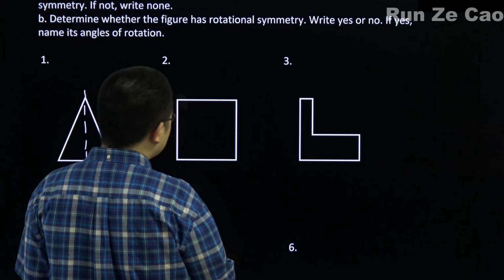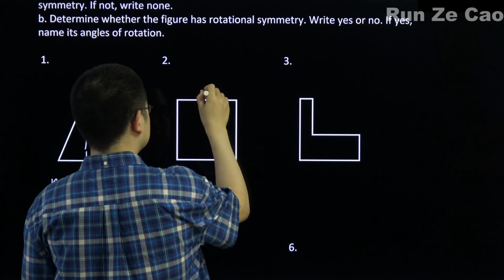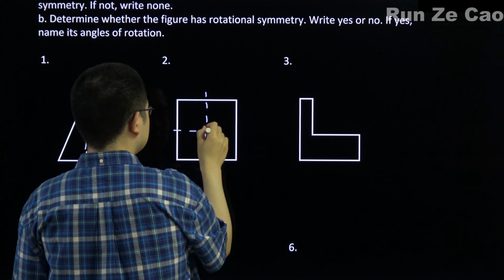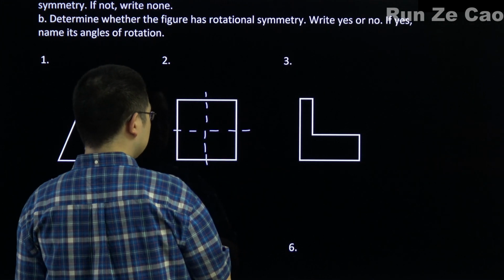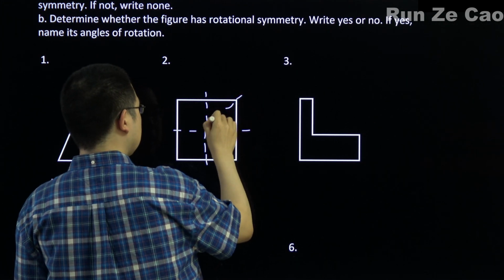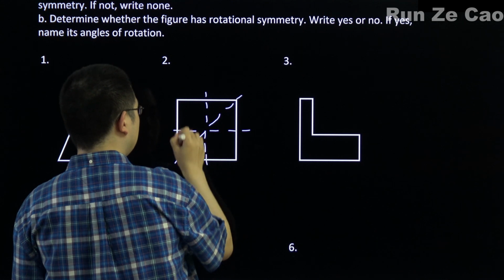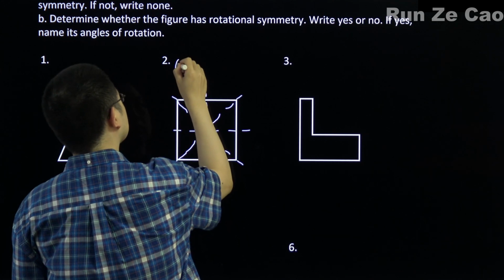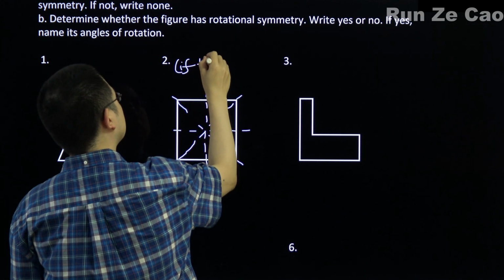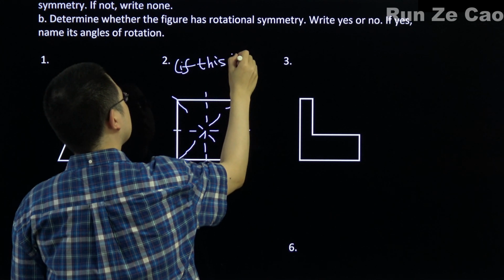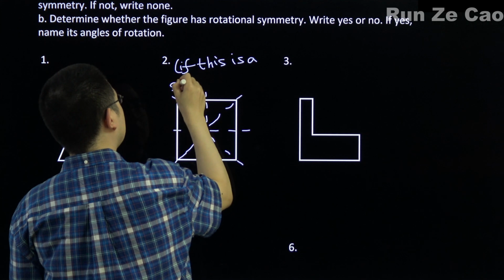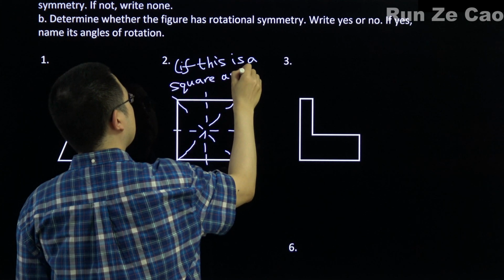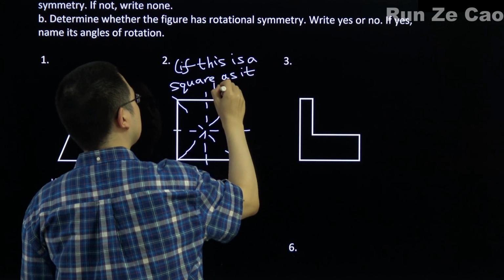So, this is a square. So we have two lines of symmetry, and then we have two more lines of symmetry. So if this is a square, as it looks.